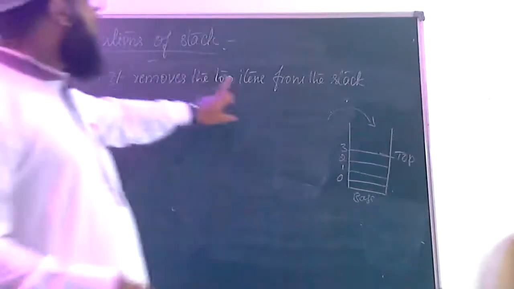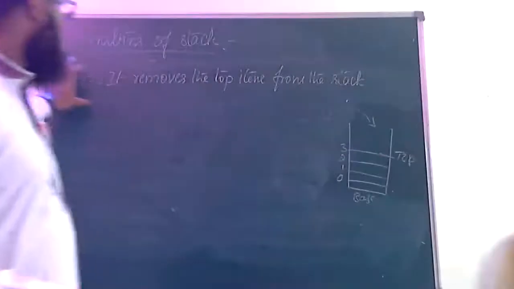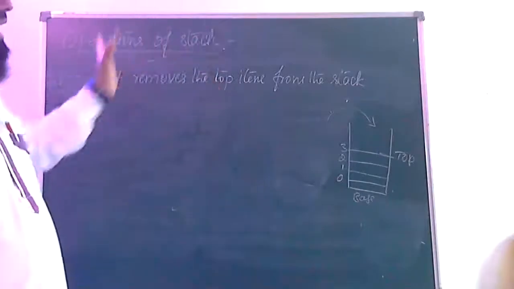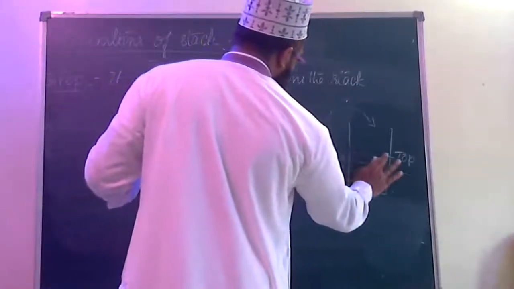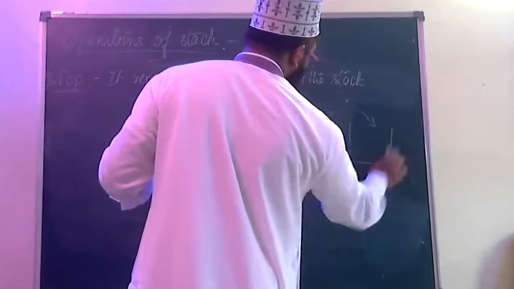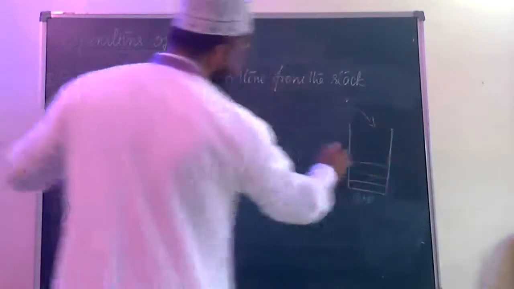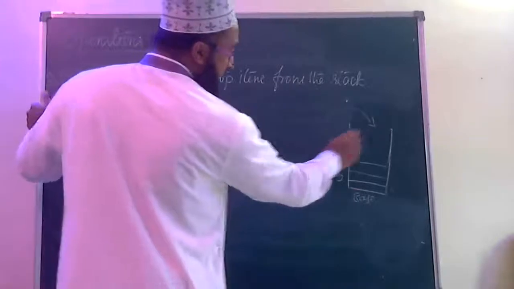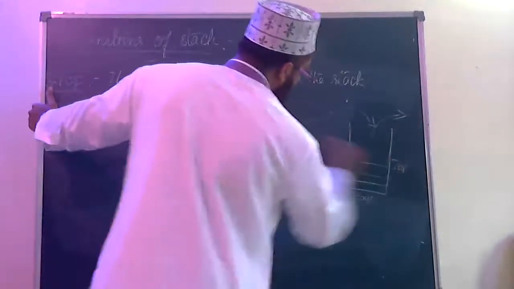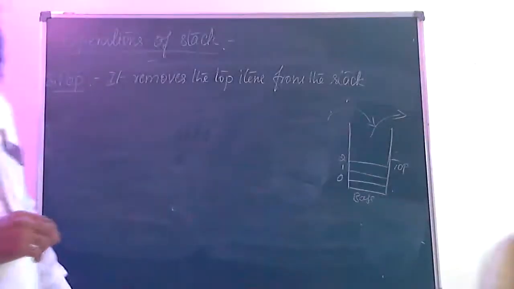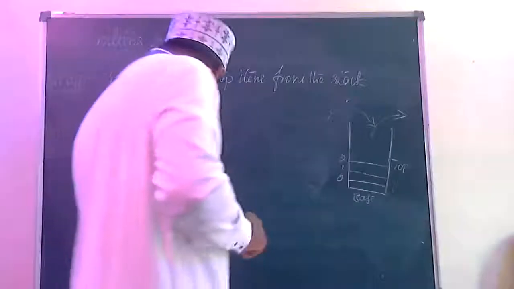Here it removes the top item from the stack. Pop means removing an item from the stack. If you use the pop operation, the top item will be removed. I have deleted the item number 3. The top item will be removed, and then the remaining item will become the top here.